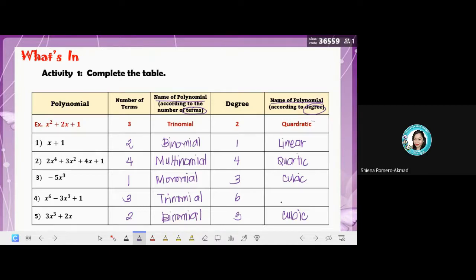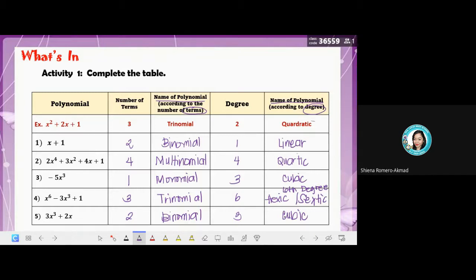So, we call this hexic or sectic, or kaya naman we call it 6-degree polynomial. Okay, so yan yung mga tawag sa kanya, pero mostly ang tawag talaga sa kanya ay 6-degree.